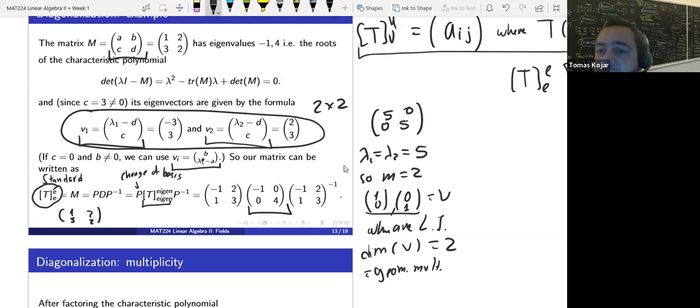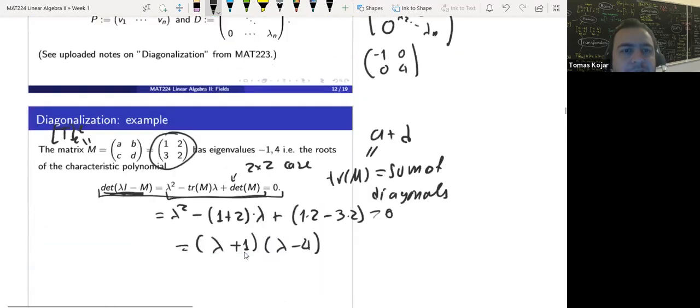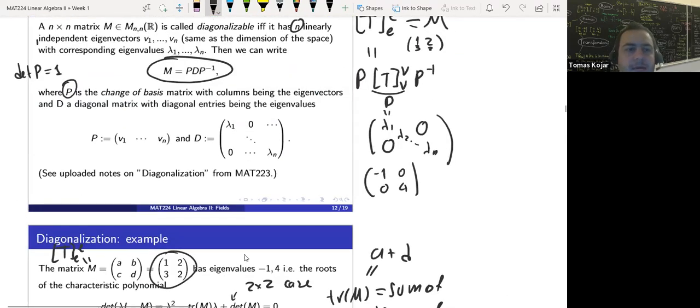If the matrix is diagonalizable, do we only know that such a matrix P exists, or is there a way to compute it easily every time? Well, this matrix P is this guy over here.